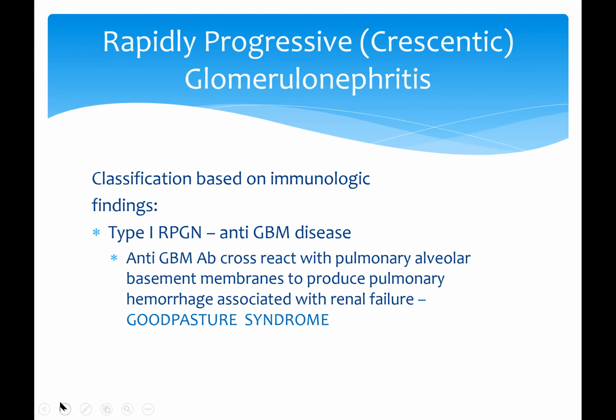In the kidney, it is rapidly progressive crescentic glomerulonephritis, while in the lungs, you're expecting pulmonary hemorrhage. So do not forget that you look for two lesions. One, RPGN in the kidney. Two, in the lungs, the manifestation would be in the form of pulmonary hemorrhage.